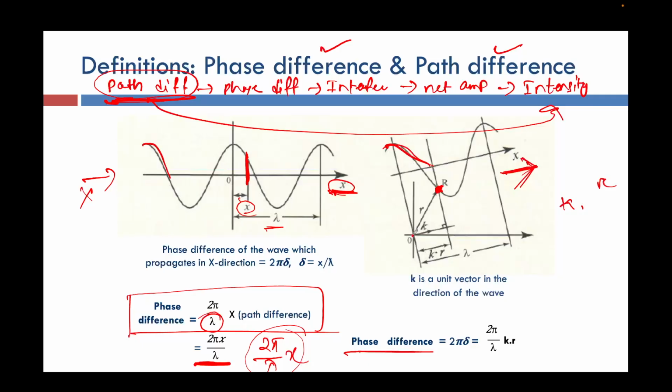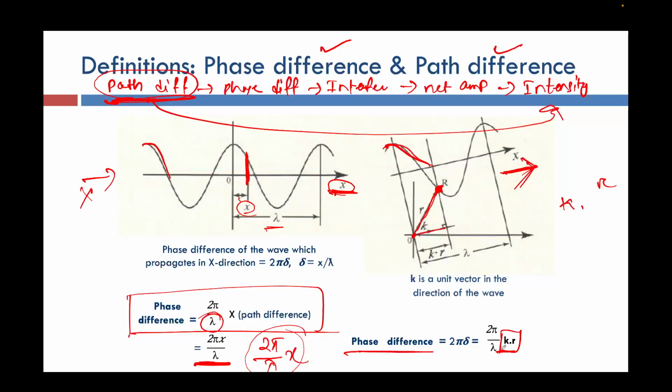Position vector means, from the origin to a point R. If I want the phase difference at point R, first I have to calculate the position vector and then the unit vector. When I multiply those, that gives me the path difference.